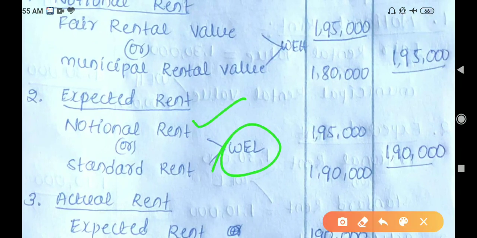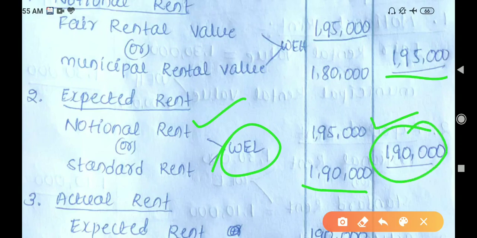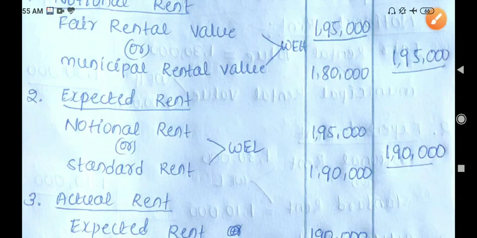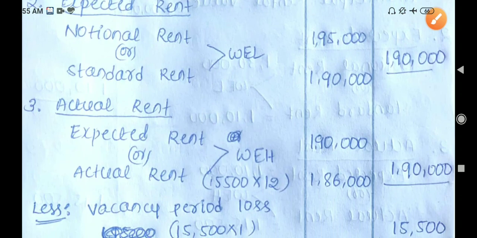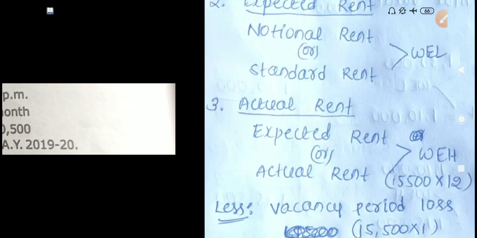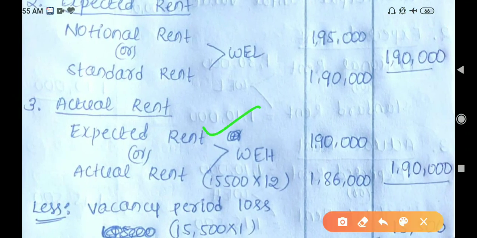And next expected rent: notional rent or standard rent, whichever is lower. Notional rent, the amount we got in the first step, is 1,95,000, and standard rent given in the question is 1,90,000, whichever is less. So 1,90,000 is the lesser amount. And then actual rent: expected rent or actual rent, whichever is higher.